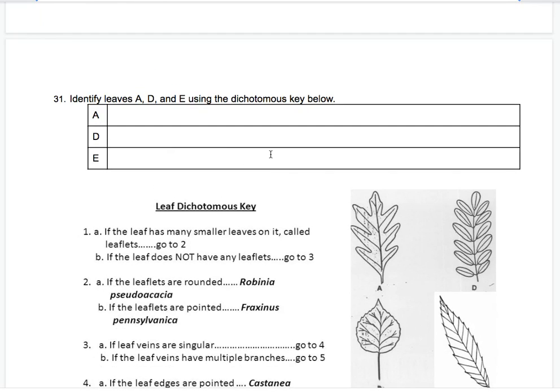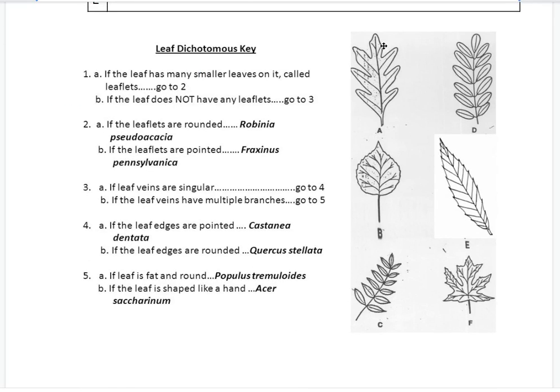First is A. This is A right here. If the leaf has many smaller leaves on it, called leaflets, or it doesn't have any smaller leaves. D has smaller leaves kind of right next to it. Those are smaller leaves. This is one whole leaf. So since it does not have any leaflets, we go to 3. On 3, if the leaf veins are singular, we go to 4, or if the leaf veins have multiple branches.